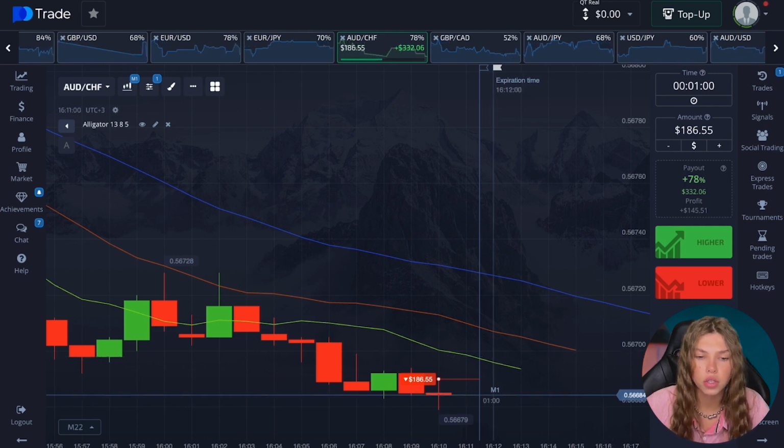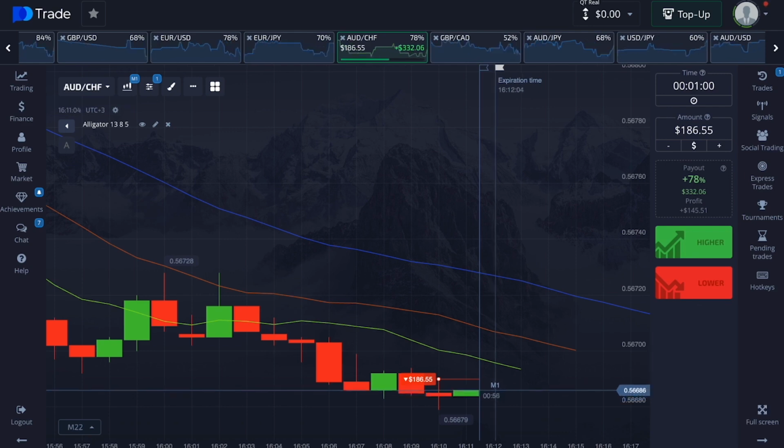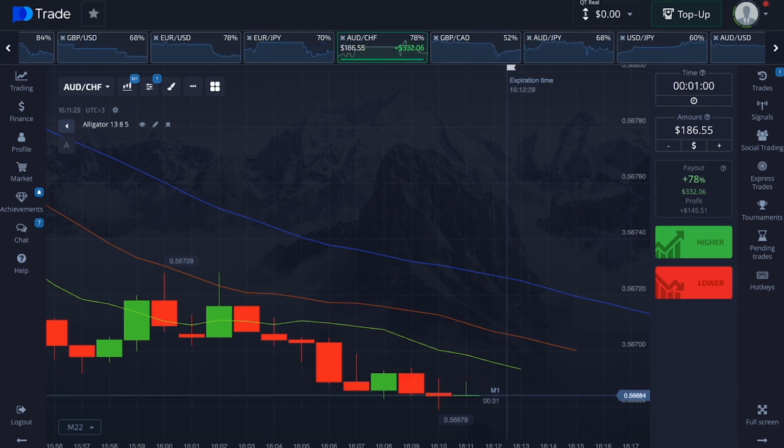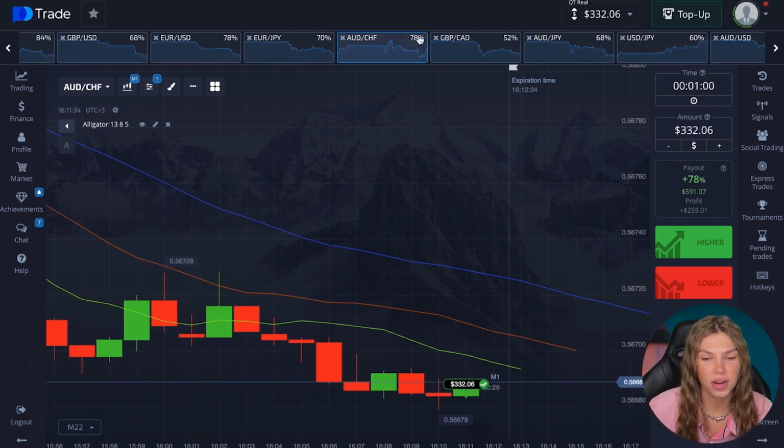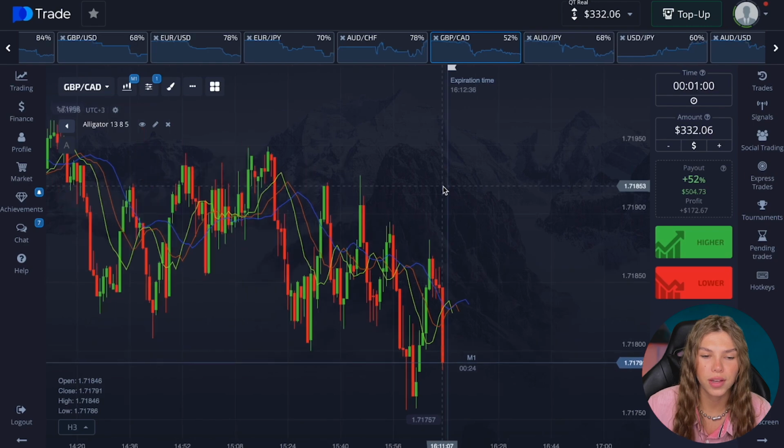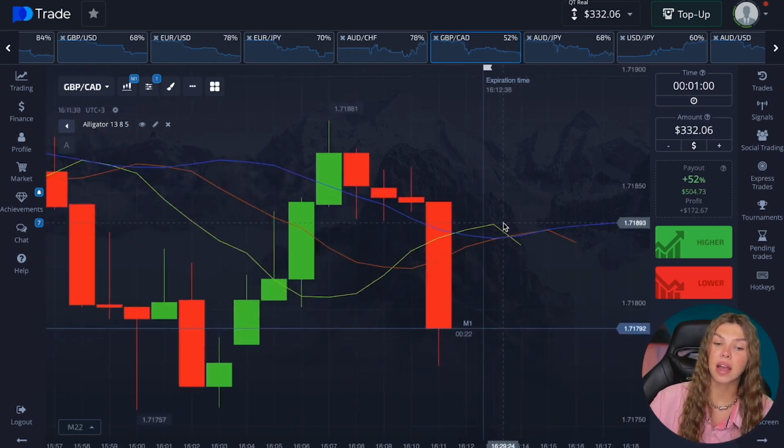Accordingly, here we are sure that the chart is moving down, so we trade here. That's great, that's a blast. The balance is 332, great.